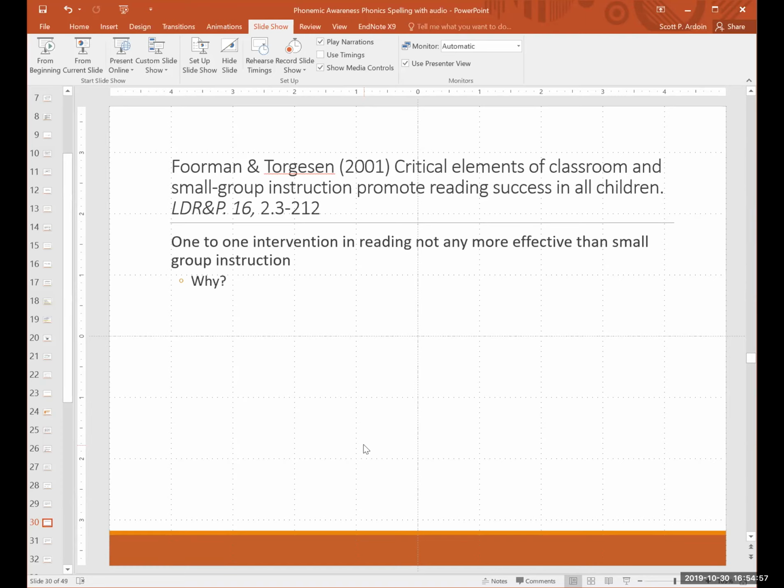And it could be both at the lower level, someone who is a little bit lower than the one single student.